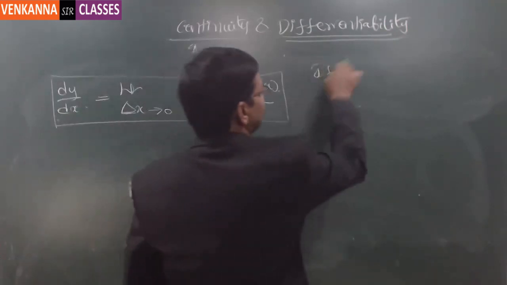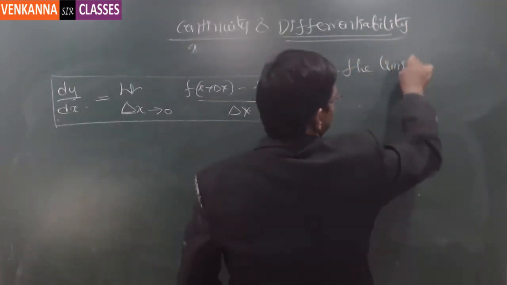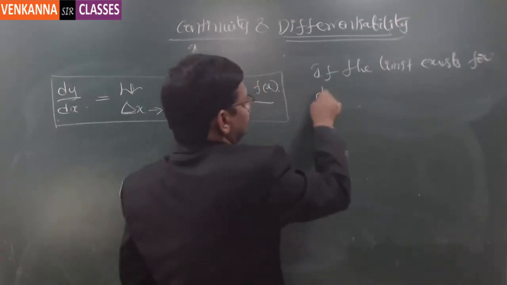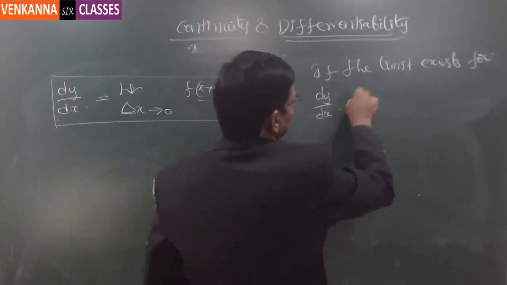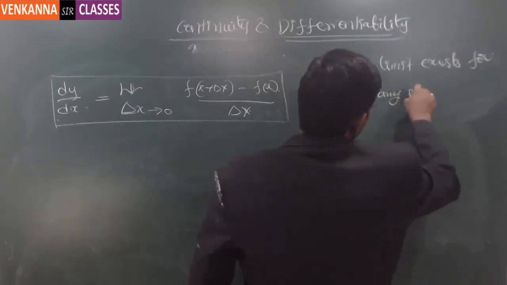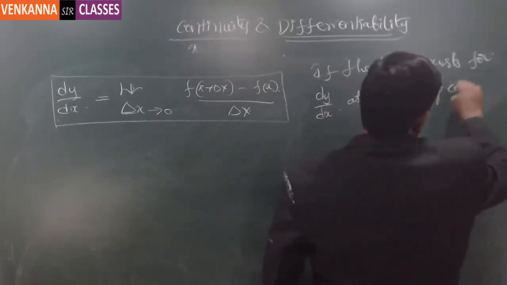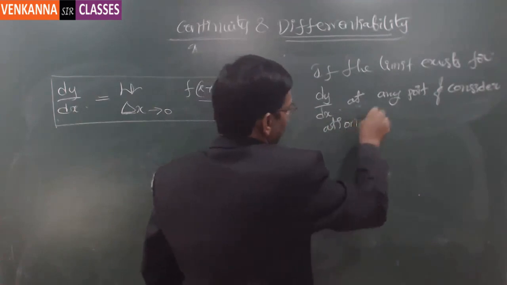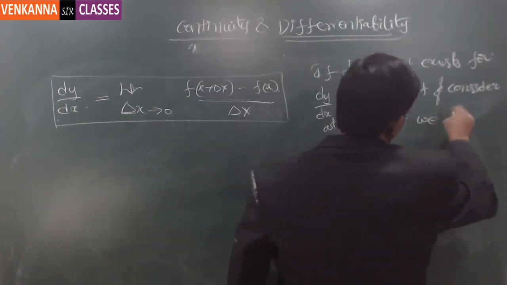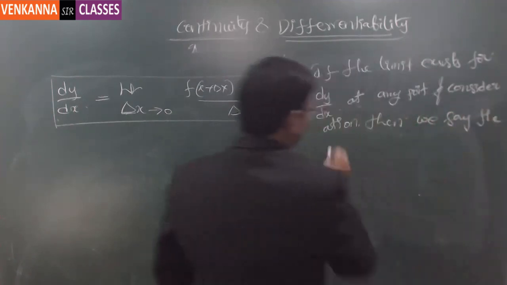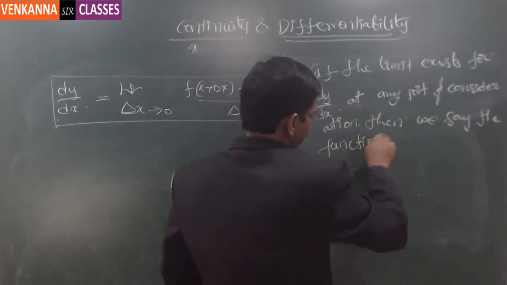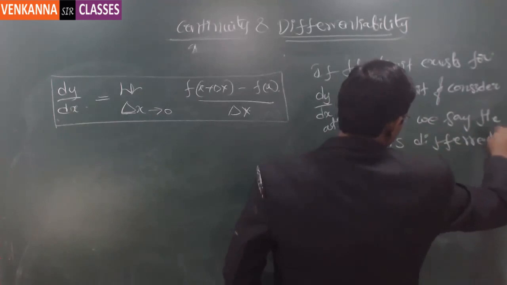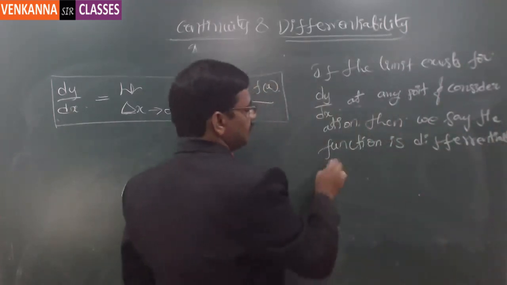So if the limit exists for dy by dx at any point of consideration, then we say the function is differentiable at that point.